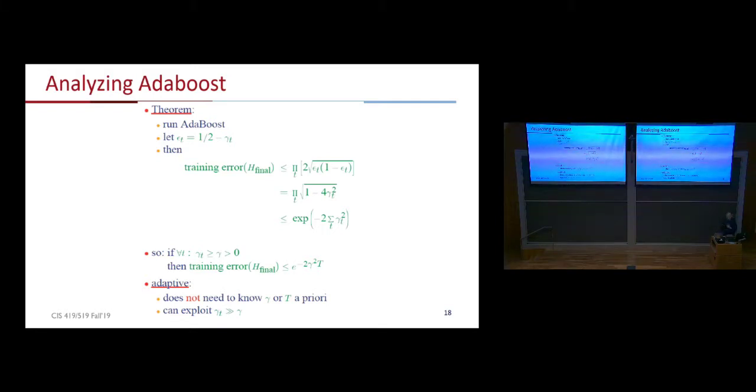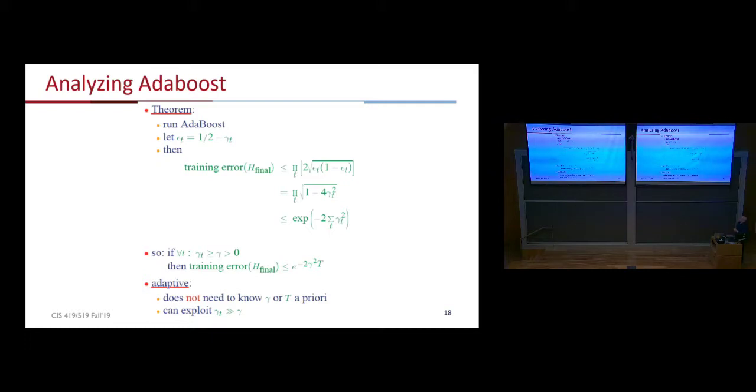Then the training error is going to be, we're going to look at this a little bit later, but basically, the training error of the final hypothesis is going to be less than e to the minus 2 times the sum of all the gamma t's squared. Let's just say something about this.